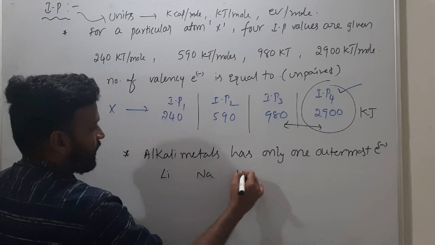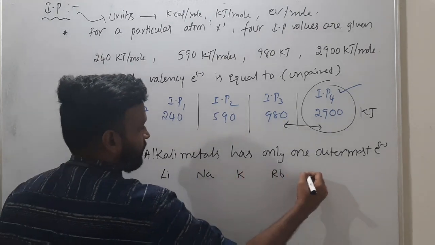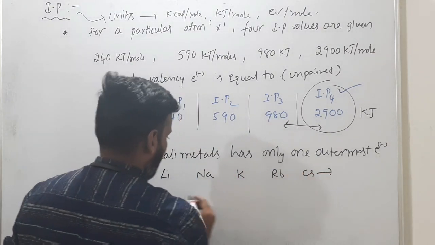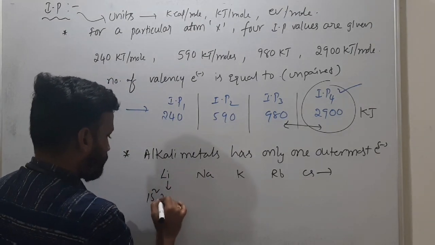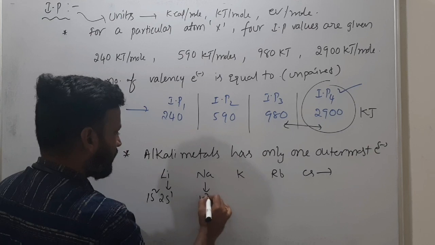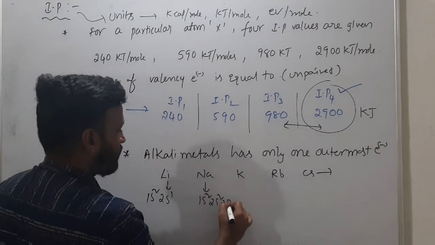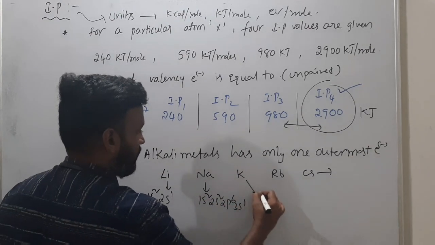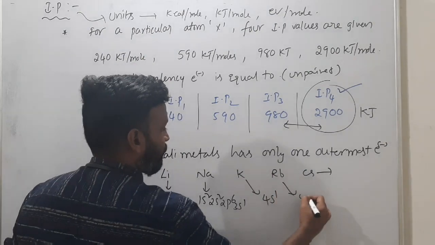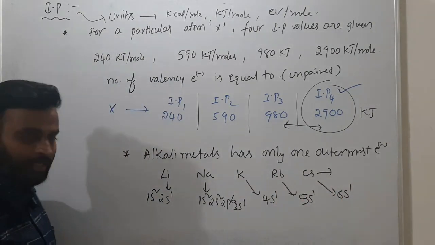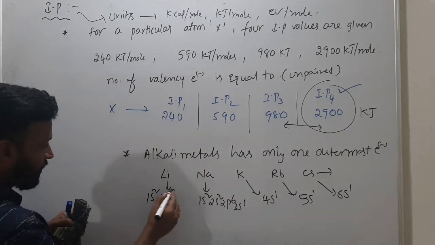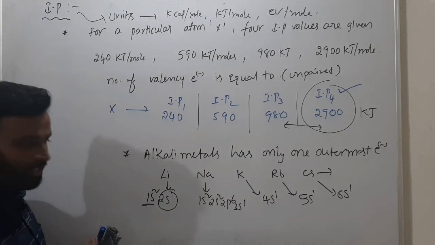Lithium, sodium, potassium, rubidium, cesium, these all have configuration like this: 1s2 2s1, 1s2 2s2 2p6 3s1, this one 4s1, 5s1, 6s1, like this. Correct? That means after removal of one electron, helium configuration.